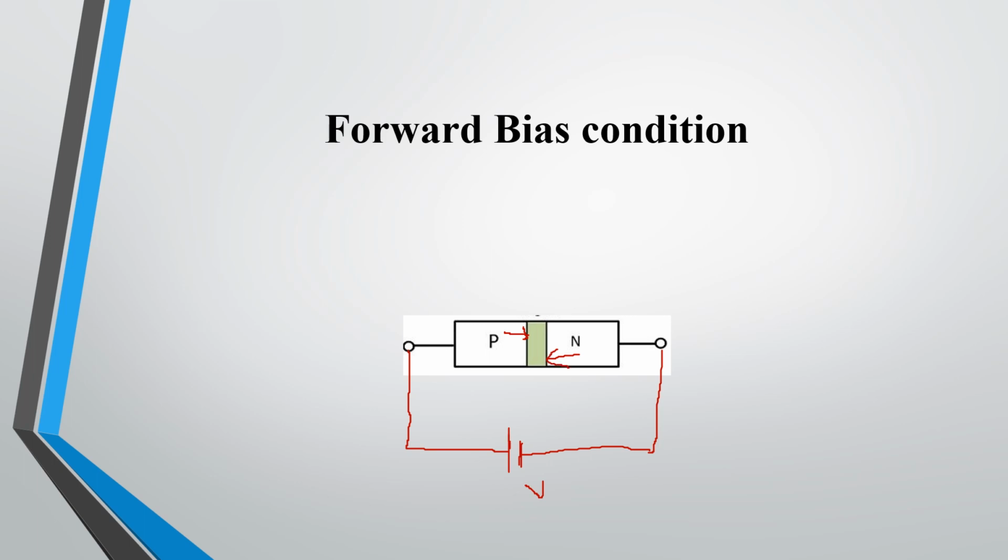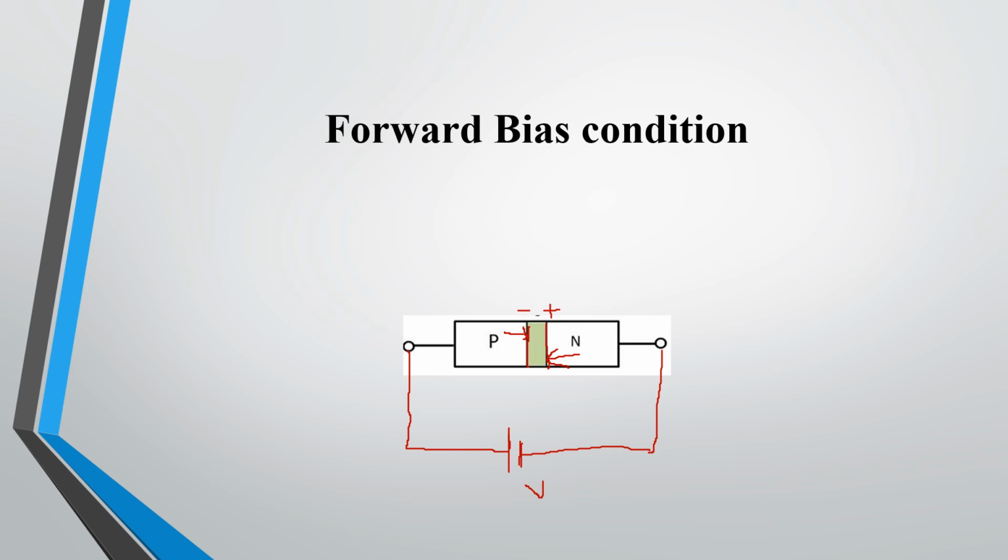Under zero bias condition, we have seen that a fixed negative charge is formed near the P side, whereas a fixed positive charge will be formed near the N side. What happens when it is forward biased is that the holes will be repelled towards the junction, and electrons from the N side will be repelled towards the junction.